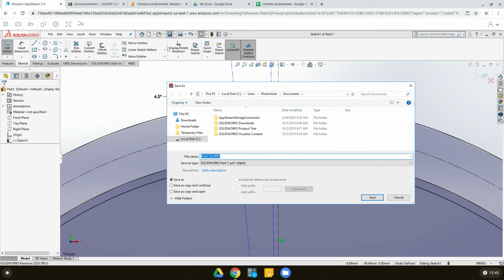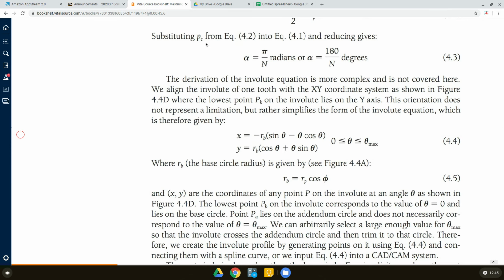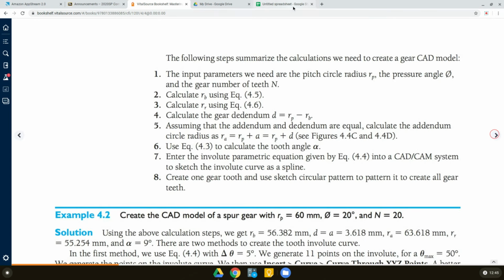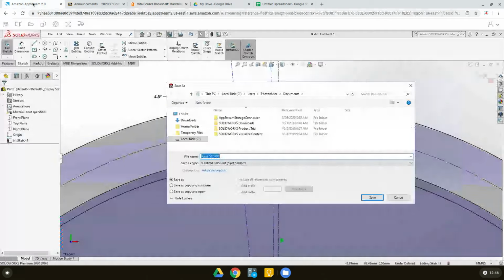I can put it in the default folder here. So I'm going to call it Spur gear. It's actually example, let's see, example 4.2 Spur gear. So that's what I'm going to do. I'm going to save it.